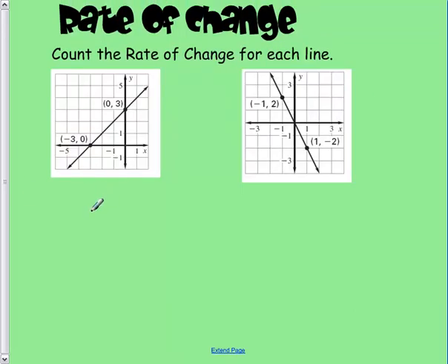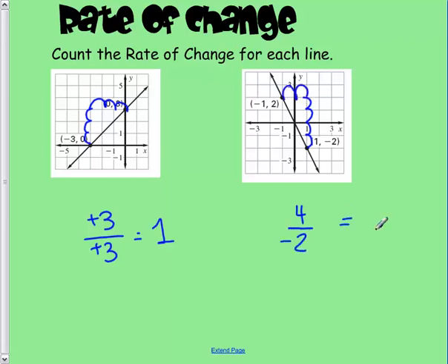Okay, let's look at these two. Go ahead and try this one on your own. Pause the video. I'm going to go through it. We're going to go up 1, 2, 3, and we're going over 1, 2, 3. So if we simplify this, we've got a constant rate of change of 1. Here, I'm going up 1, 2, 3, 4, and I'm going back 1, 2.